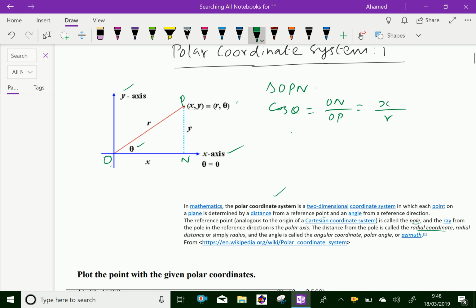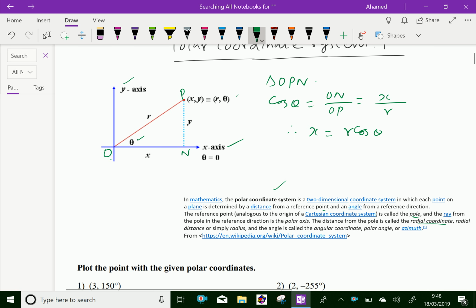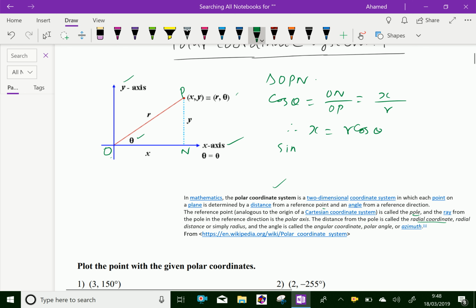Therefore, we can say x equals r cos theta. Like that, sin theta equals PN over OP. Then PN is y, OP is r. Therefore, we can say y equals r sin theta.